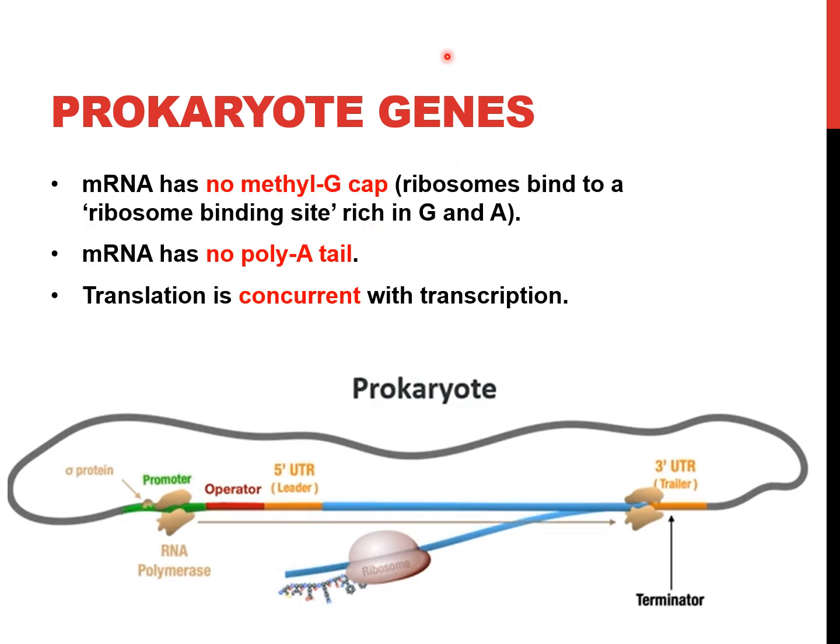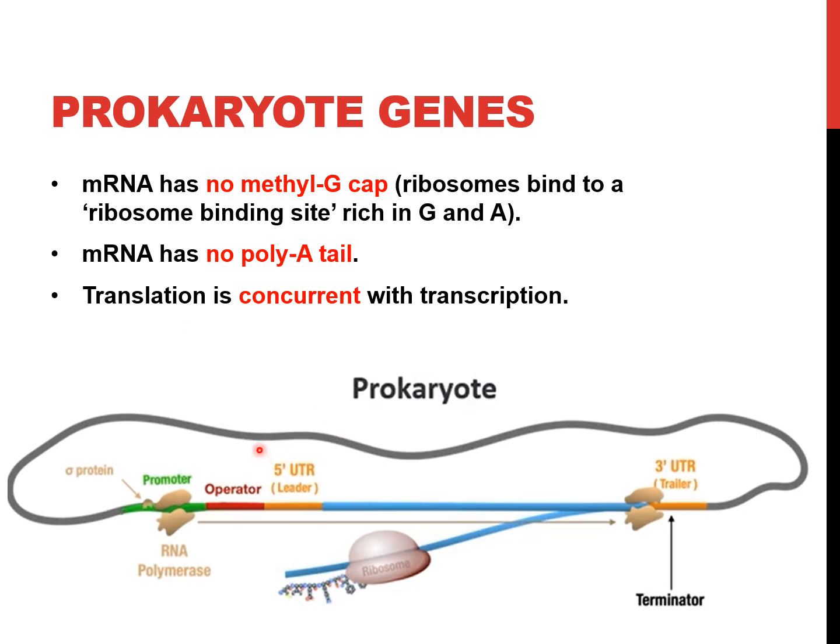All right, what else do we look at for prokaryotic genes? mRNA has no methyl G cap, okay? So as you can see here, no 5' methyl G cap, no 3' poly A tail, as the, well, in this case, the ribosome is doing translation, but transcription has also occurred before that, okay? And translation is concurrent with transcription. So what does that mean? It just happens at the same time.